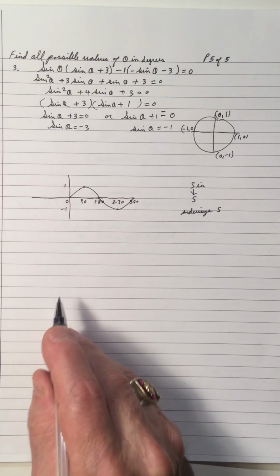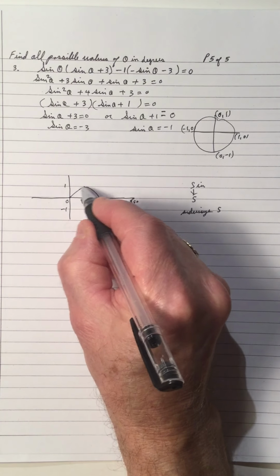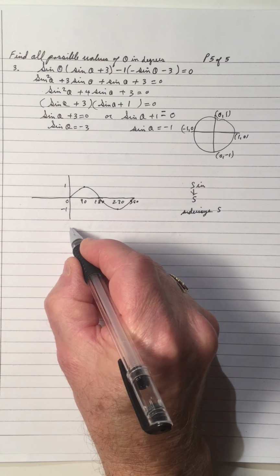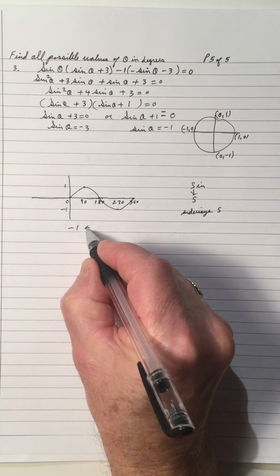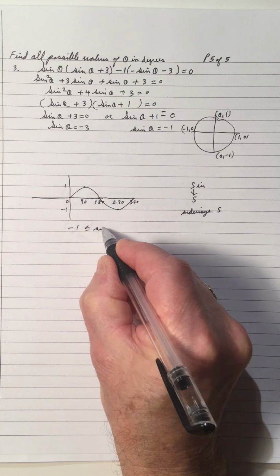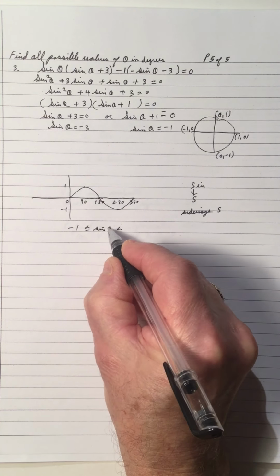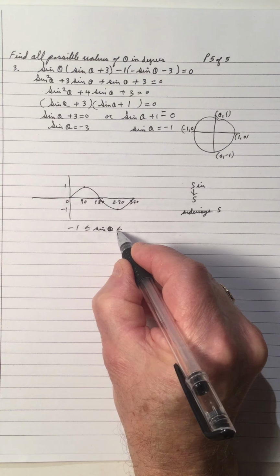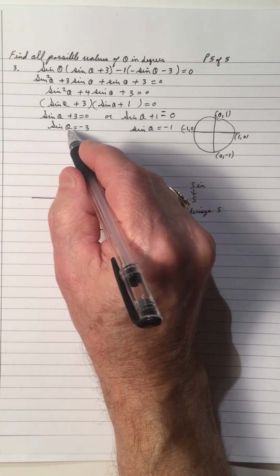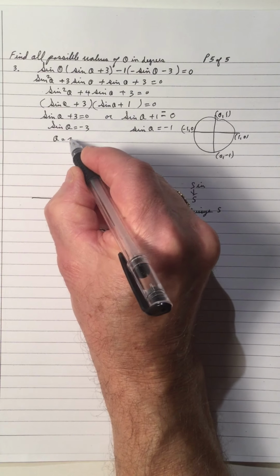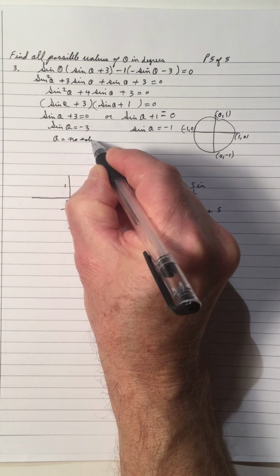Starting at 0. Notice the range for sine is negative 1 less than or equal to sine theta less than or equal to 1. So the answer to this is no solution.